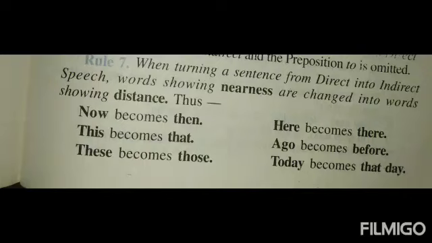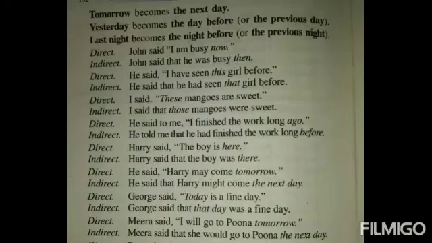Now rule number 7. When turning a sentence from direct into indirect speech, words showing nearness are changed into words showing distance. Likewise, see the example. Now becomes then, this becomes that, these becomes those, here becomes there, ago becomes before, today becomes that day.